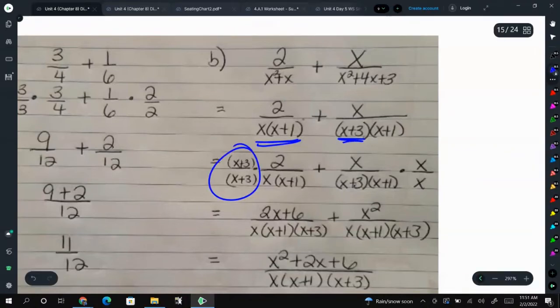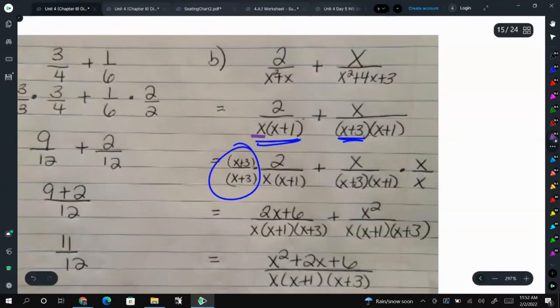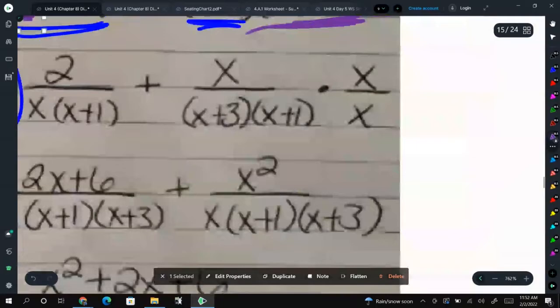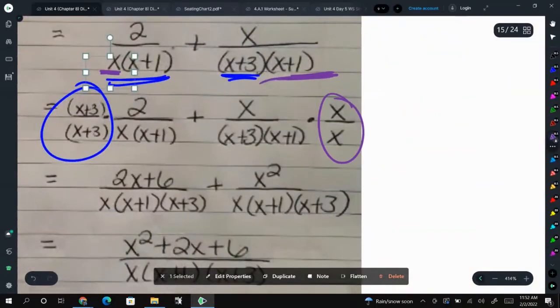So we multiply the top and bottom by x plus 3. Then we see that the fraction on the right is missing an x. There's no x to the first power there. So you see that we multiplied the top and bottom by x.